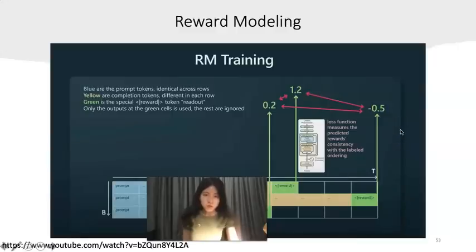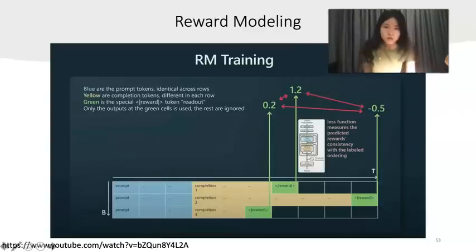So for reward modeling training, we need to train a reward model. The idea is very simple. For example, you have 3 completions in yellow: response 1, response 2, response 3 for the same given prompt. And you find, according to your human experience, that the first response is good.